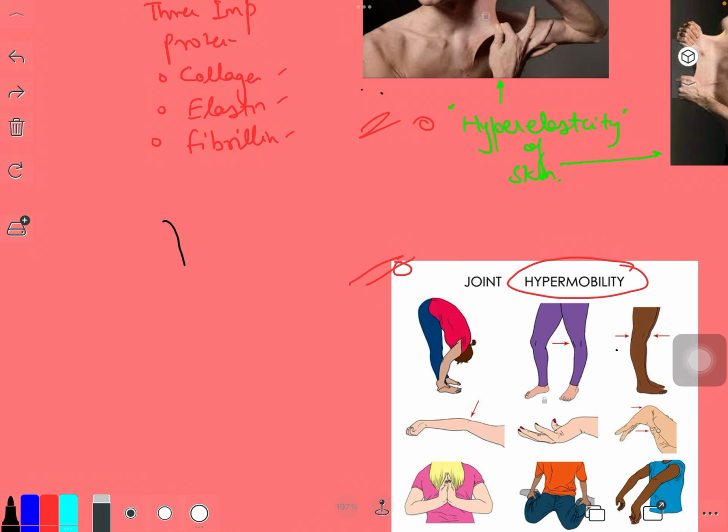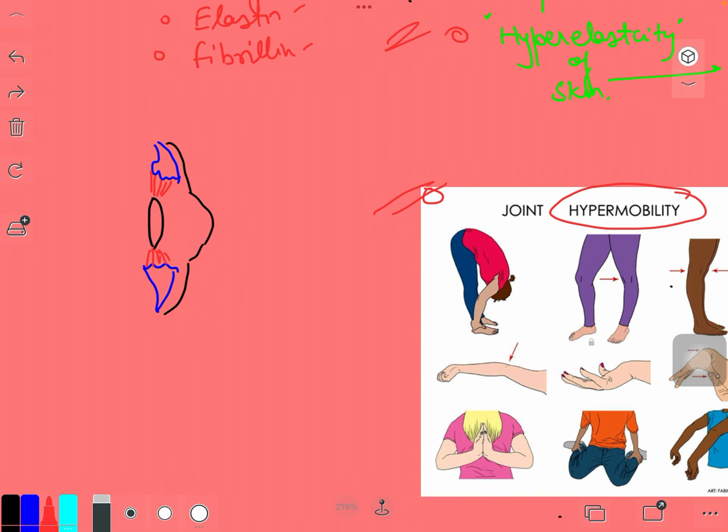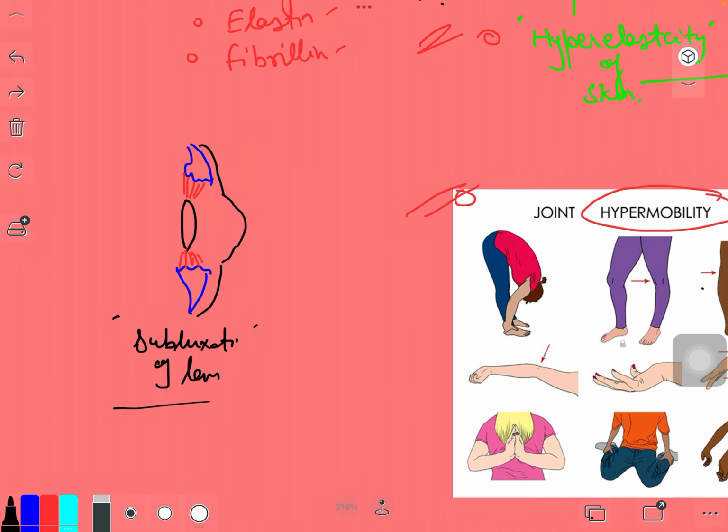Also, a very important thing is in the eye. Let's say this is the cornea, eyeball. This is the lens. This was your ciliary body, and from the ciliary body there were suspensory ligaments. These ligaments will also get involved, and because of this, subluxation of the lens can be seen in this case, and because of this the patient may have blurry vision initially.